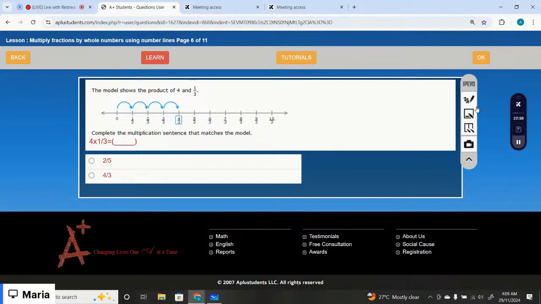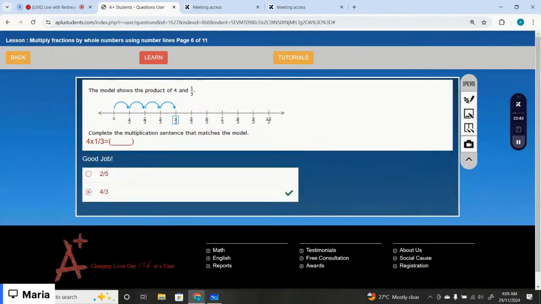The correct option is 4 by 3. Option number 3 is the correct option.